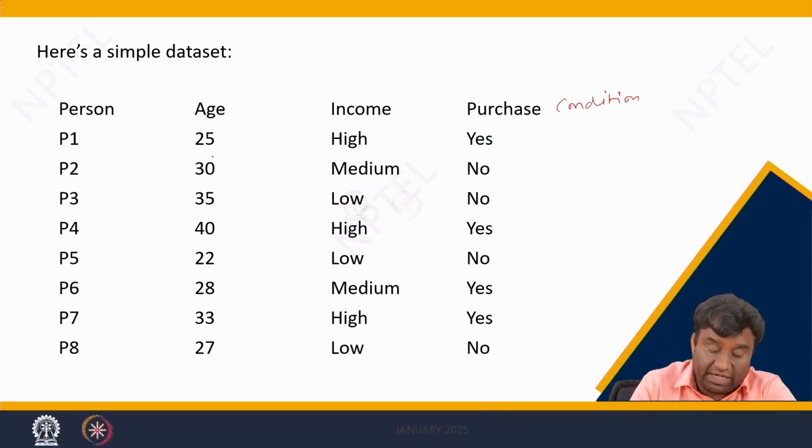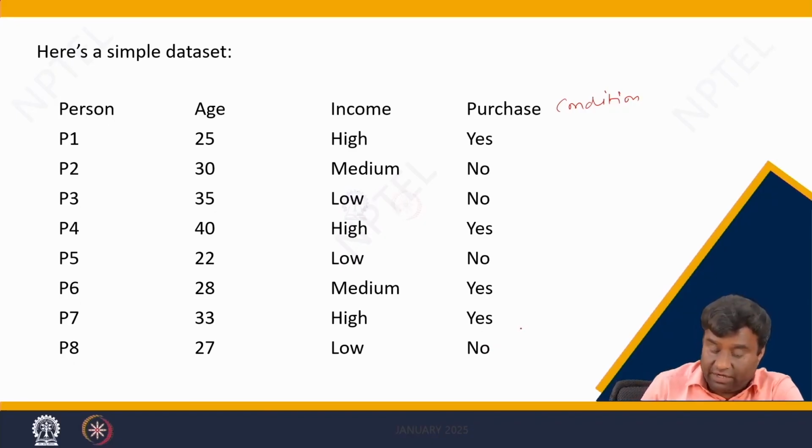For P2, age is 30, income medium, purchase condition is no. P3, age 35, income is low, purchase condition is no. P4, age 40, income is high, purchase condition yes. Then P5, 22, low, it is no. 28, medium, yes. 33, high, yes. 27, low, and purchase condition is no.